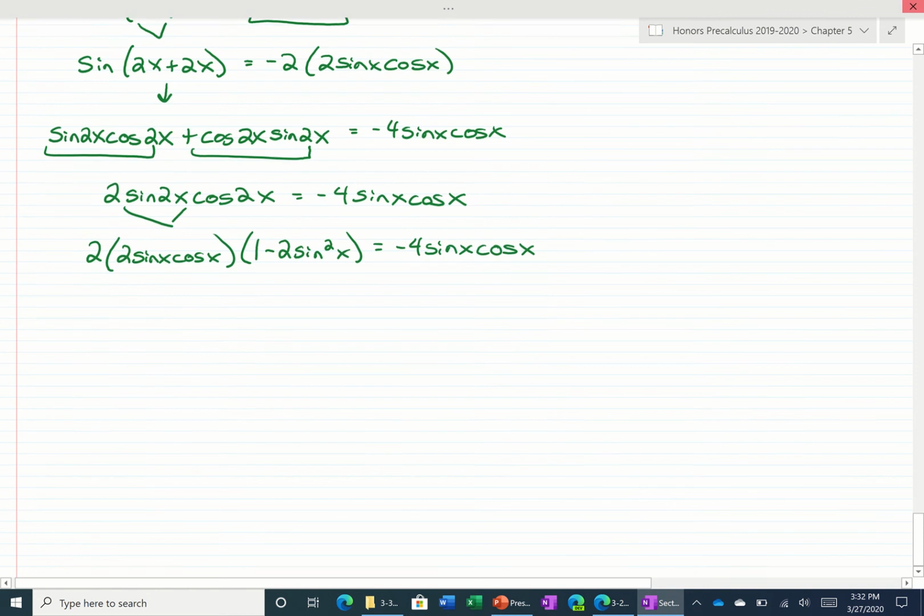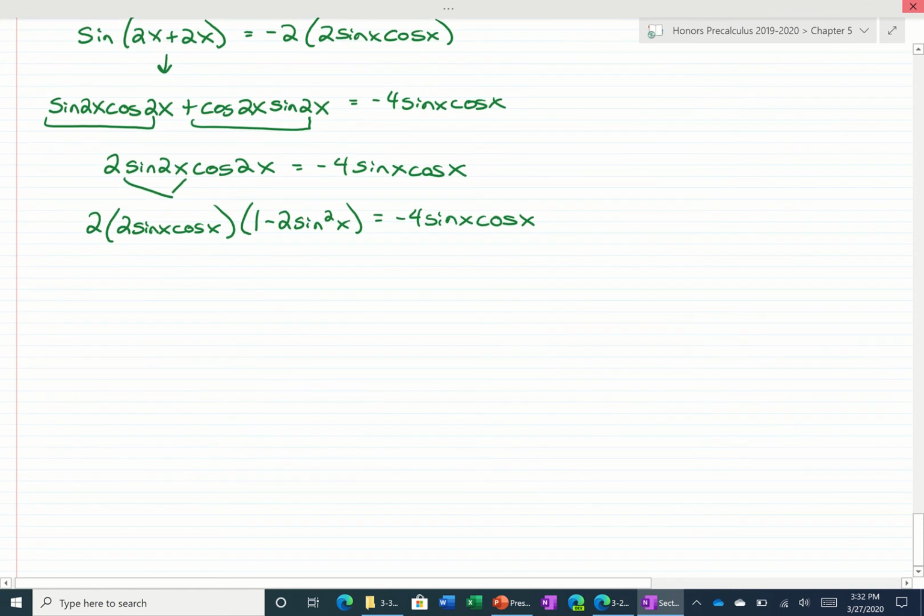All right, so what I'm going to do is try to clean this up a little bit because there's a lot of similar terms. So this would be 4 sine of x cosine x that we're going to have to multiply by 1 minus 2 sine squared of x. And then I'm going to bring this term on the other side.